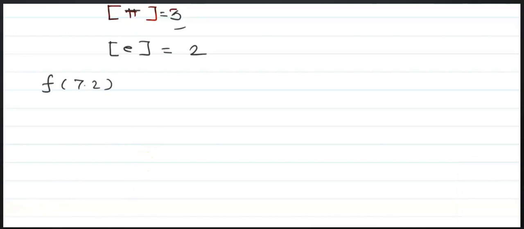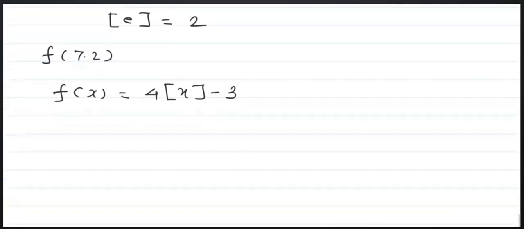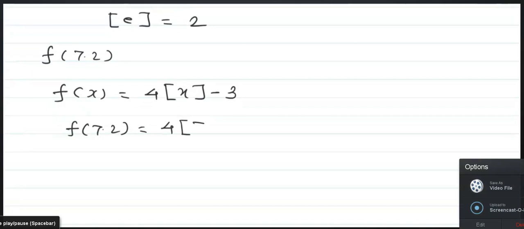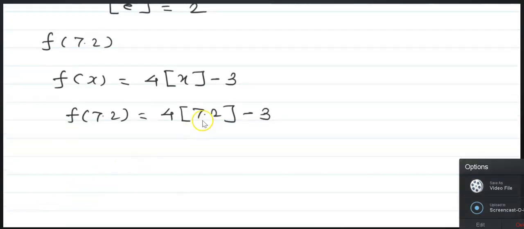Therefore, f of 7.2: f of x is equal to 4 times the greatest integer of x minus 3. We take the greatest integer of 7.2. What is the greatest integer here? It is 7.